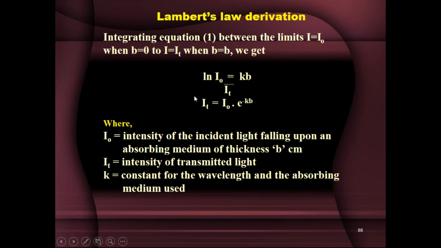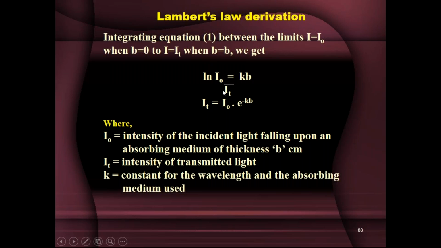So when you integrate, you will get a logarithm. This is natural logarithm, ln. Natural logarithm I0 by IT equals kb. So this is ln I0 by IT equals kb.